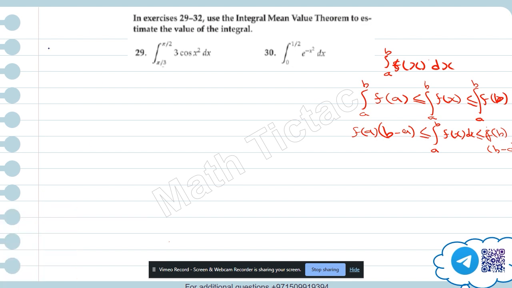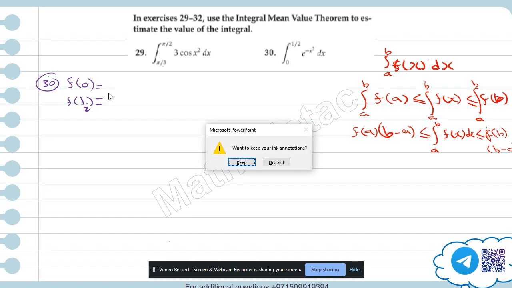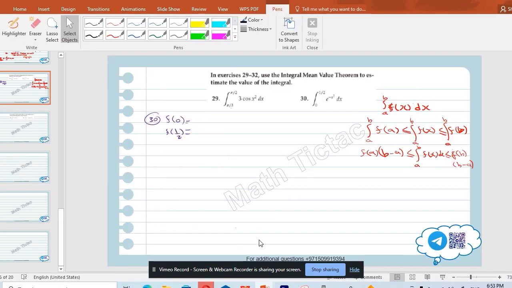Let's say we have question 30. We have the integration from 0 to 1 over 2 of e to the power minus x squared. First of all, I have to find f of 0 and f of 1 over 2. So I will go directly and find these values.